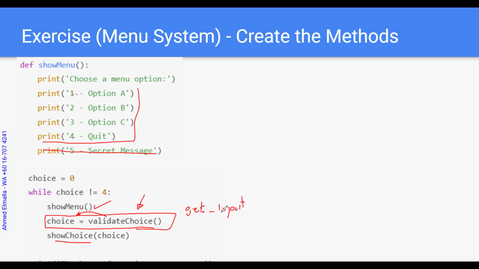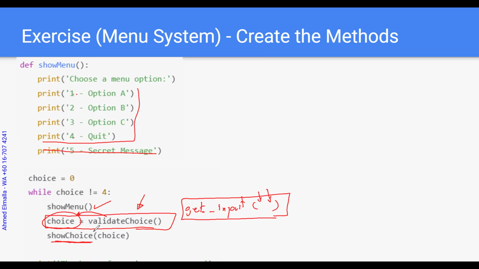You don't have to reinvent the wheel every time you want to get an input, writing the same exact code again and again. You have a ready-made function that you are able to use. You pass it the lowest, you pass it the highest, and it makes sure that the user input is within your lowest and highest. And then once it returns, you are able to save the input here. And then you show the choice.